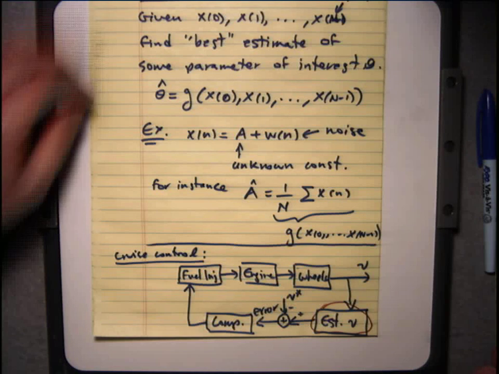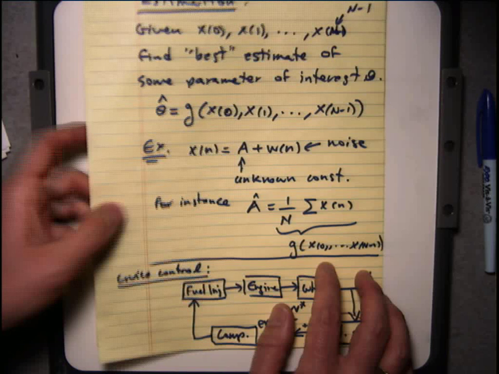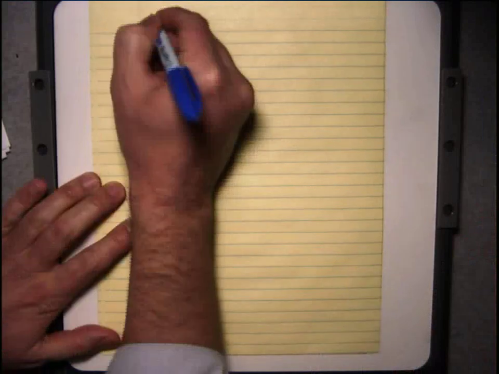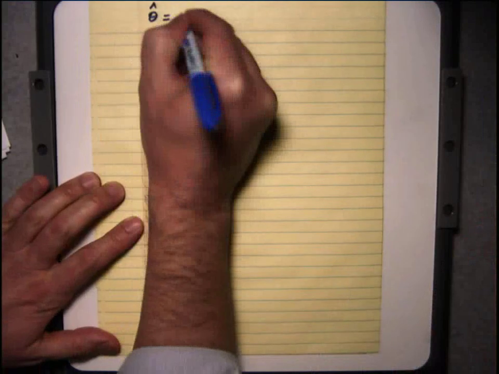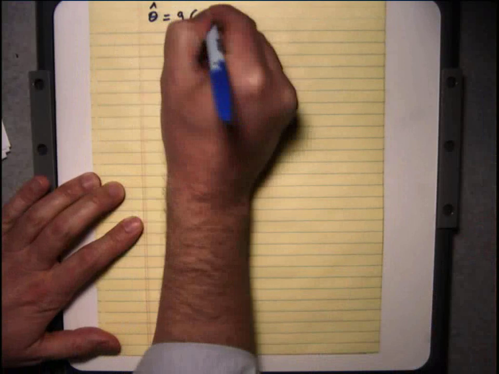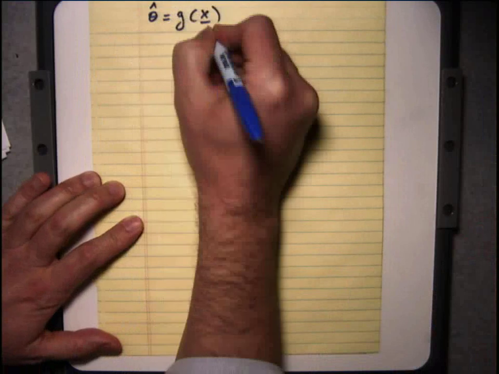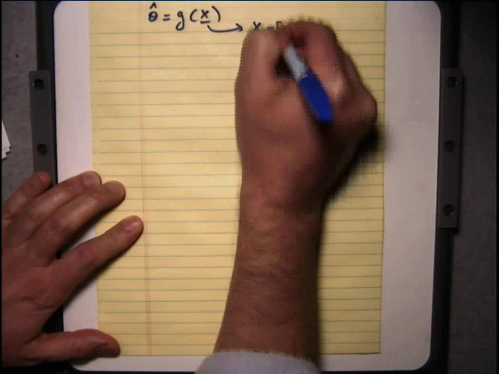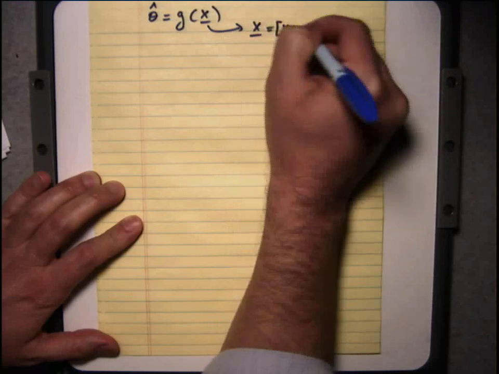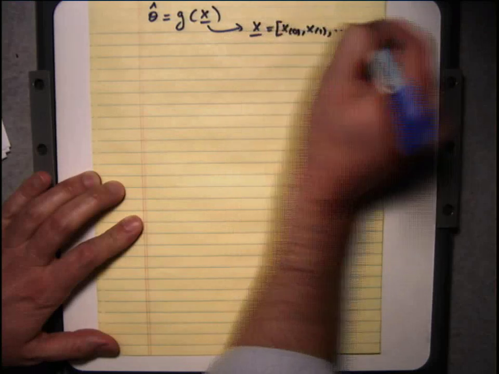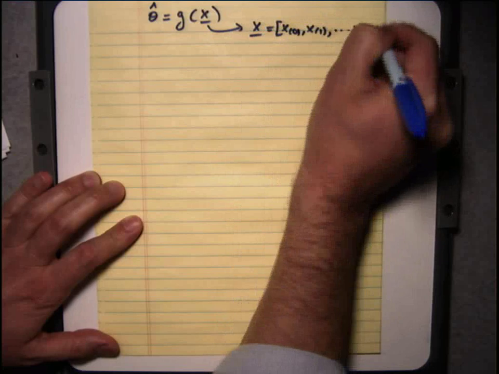Okay, so given this framework and these two simple examples, let's ask some fundamental questions. So suppose, again, I consider the general case, this G, and I'm going to write X here. This X here is going to contain all the data, right? So this is just going to be a vector, say X0, X1, and so on, Xn minus 1.